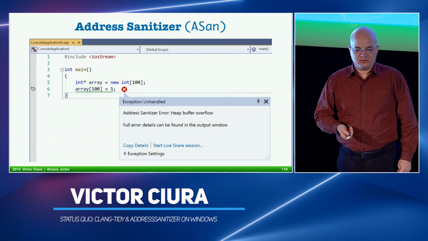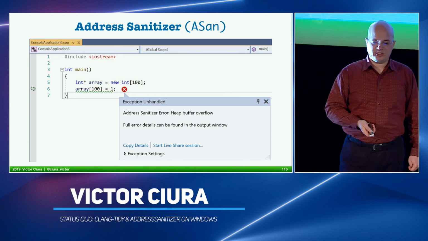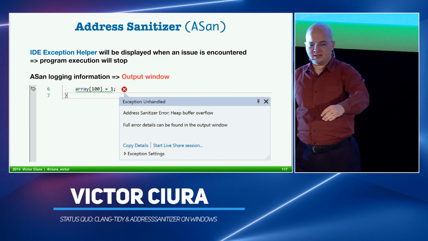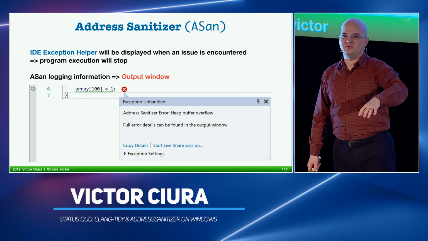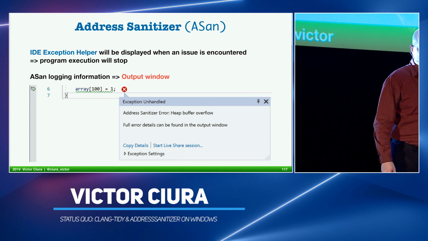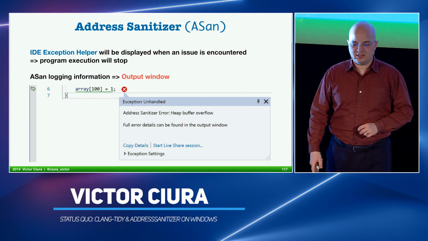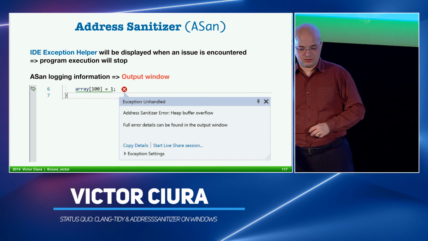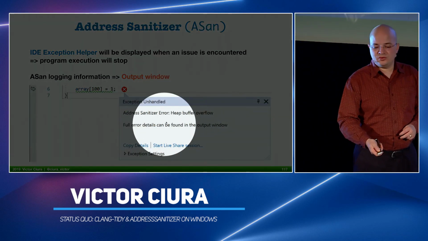An example of how you might run into some memory issues with ASAN. The standard IDE exception handler, I think you all know this pop-up window. You've seen it before for runtime exceptions. And it will just report sanitizer errors here, heap buffer overflow. So it's a standard Visual Studio IDE experience.